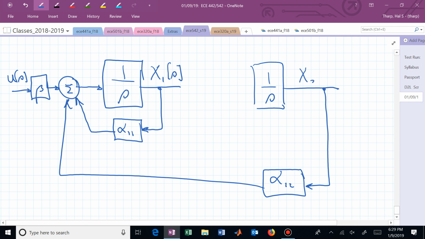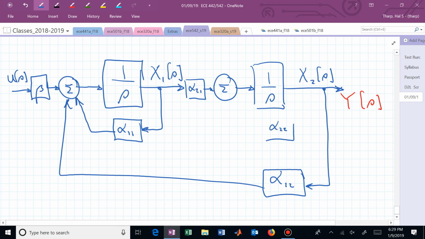Here is the Laplace transform of x sub 2 of t, which is x sub 2 of s, or that's now our Laplace transform of the output y of s, and making that up is this linear combination of a weighted x sub 1, and this was weighted by alpha sub 2, 1, and alpha sub 2, 2 then squeezes in there.